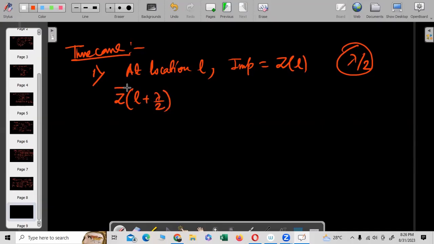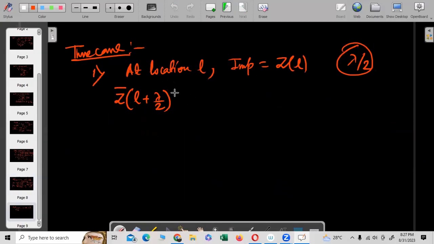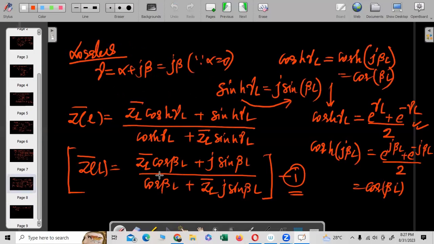Very simple. Whatever equations we are getting, you write L plus lambda by 2, like in a periodic signal you do. This plus pi or this plus 2 pi, is it repeating like that? Already you have done those things. So all these things we need to write with respect to L plus lambda by 2.